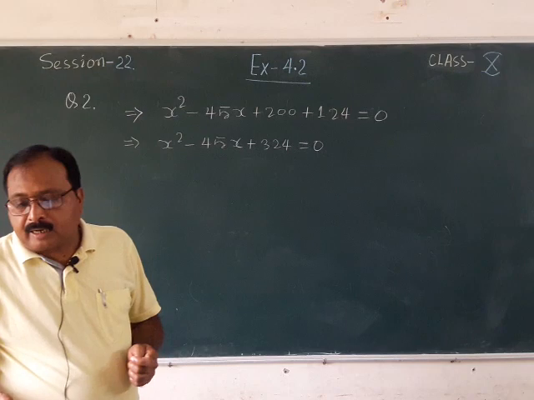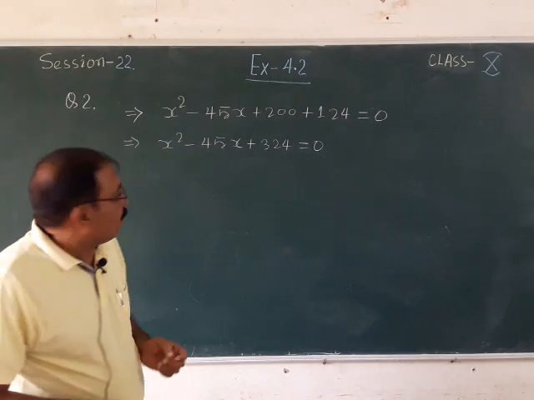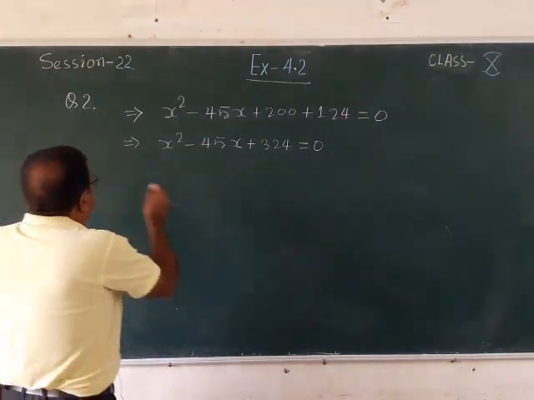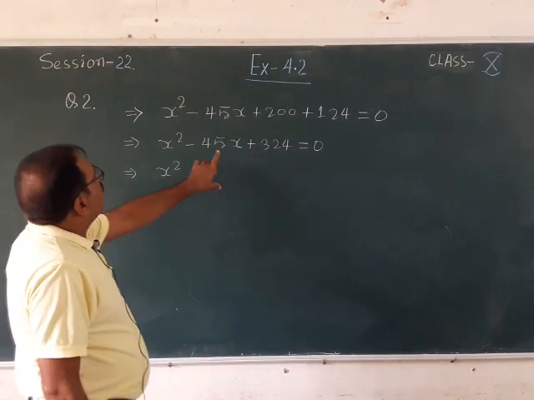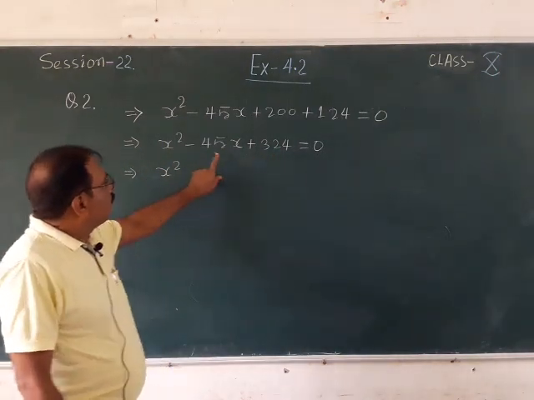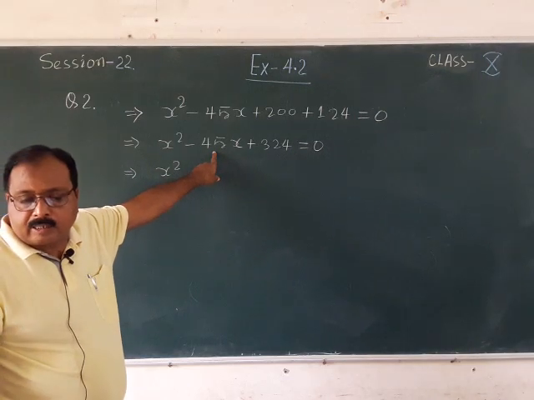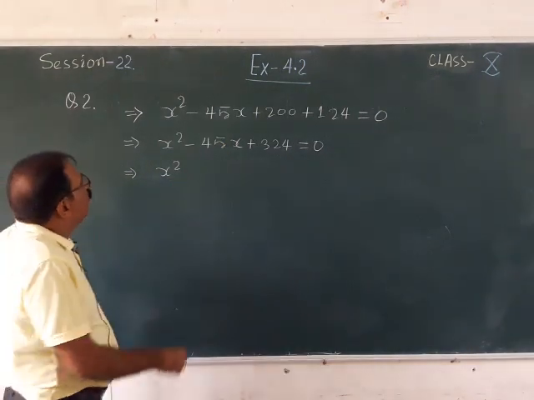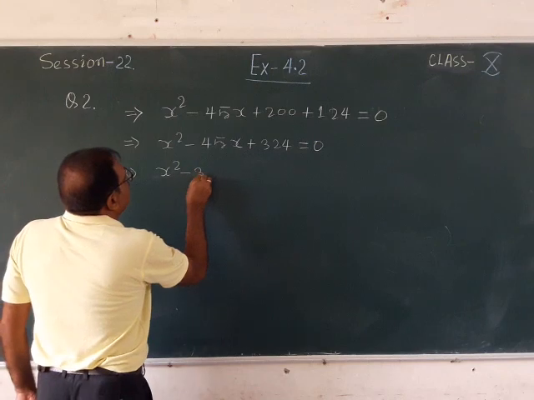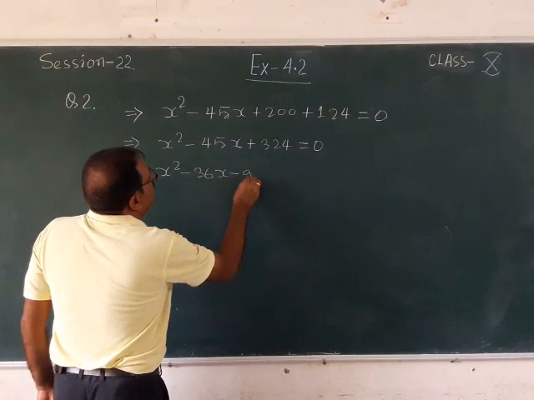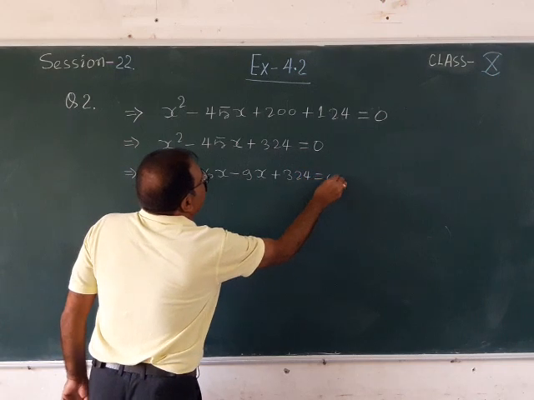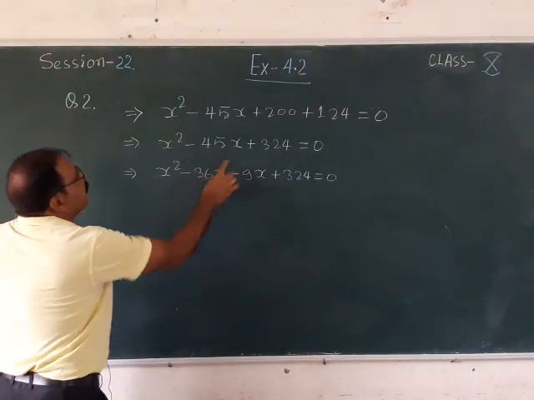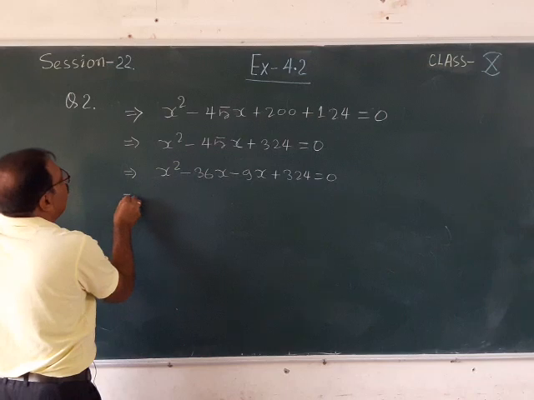Which method? Factor method. Here if you split the middle term, what will be there? Any factor of 324 that gives you 45? Yes, of course, 36 and 9 give you 45. So I can write minus 36x minus 9x plus 324 is equal to 0. So I have split the middle term so that I can do its factorization.